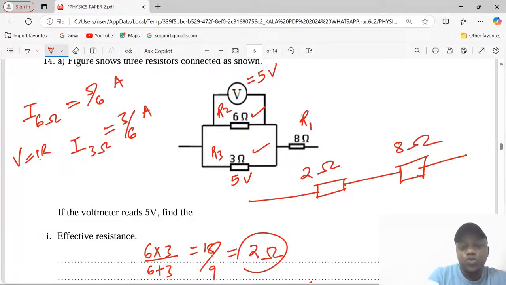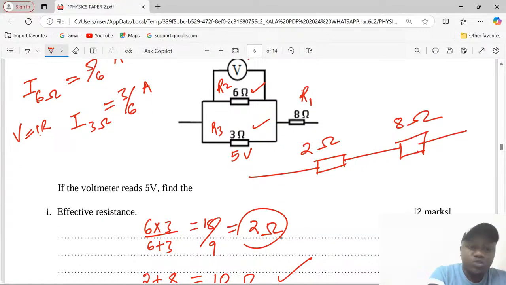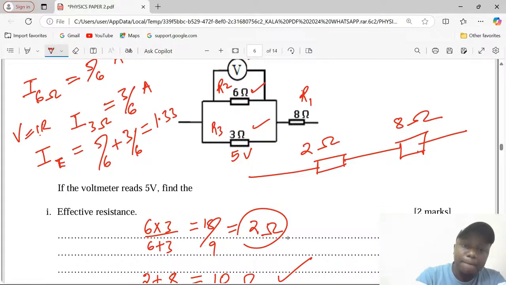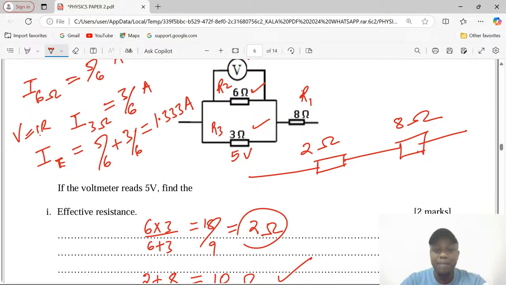What about the total current now passing through the 2 of them? Effective current, total current, the effective current now in the system. Current in the system shall be 5 over 6, 3 over 6, and this is giving us 1 1/3, which is 1.33 amperes.